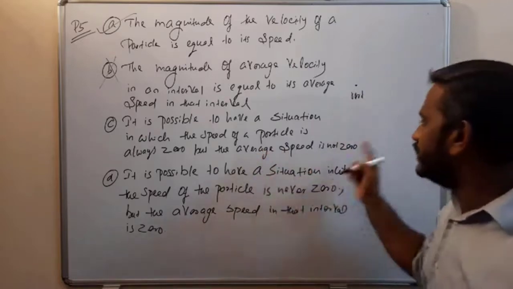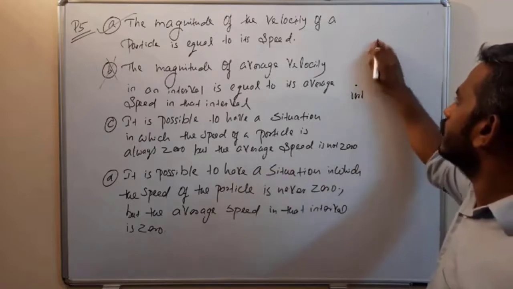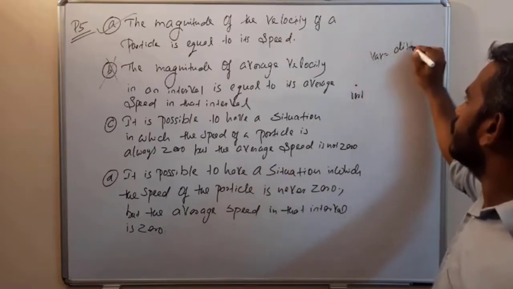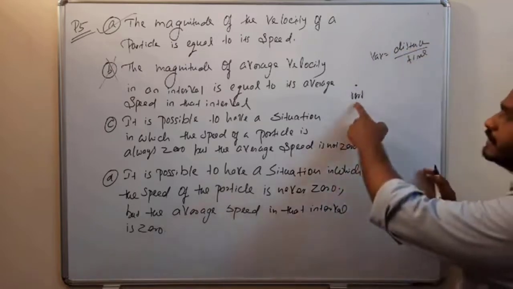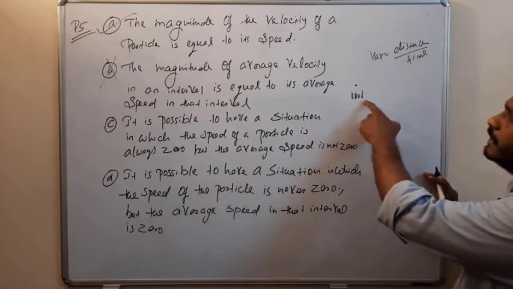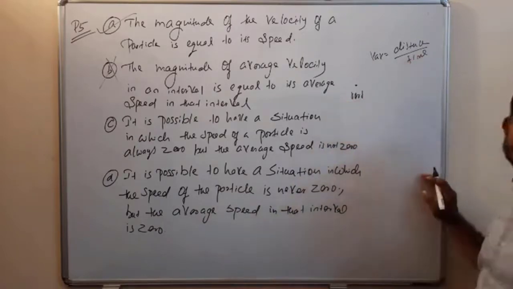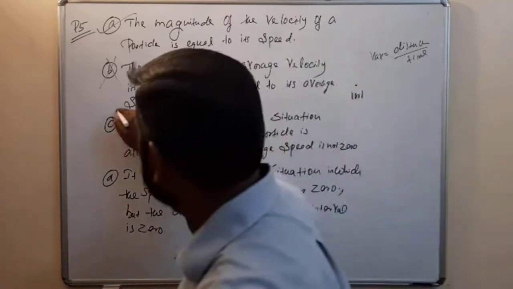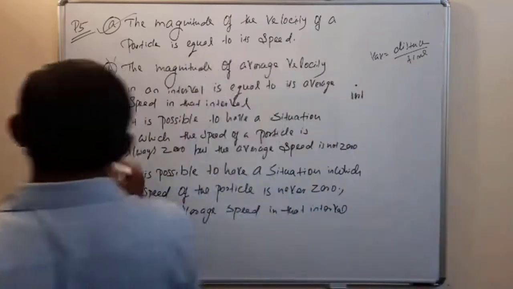But the average speed is not zero. Average speed is equal to distance by time. An object is at rest. How is it possible that an object at rest can travel a certain distance? It is not possible. So that's why this statement is wrong.